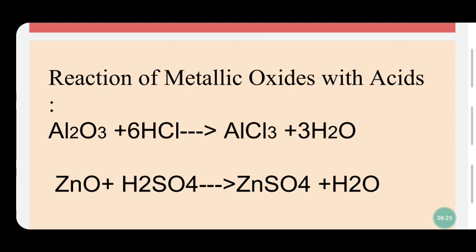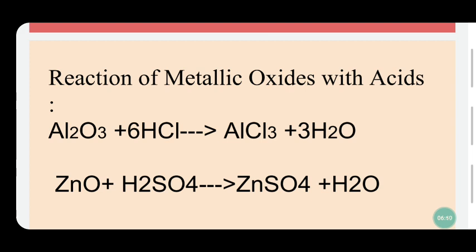What is a metal oxide? Compounds of metals with oxygen, or simply any compound that ends with oxide. Calcium oxide, sodium oxide, potassium oxide, aluminum oxide, etc. are examples.